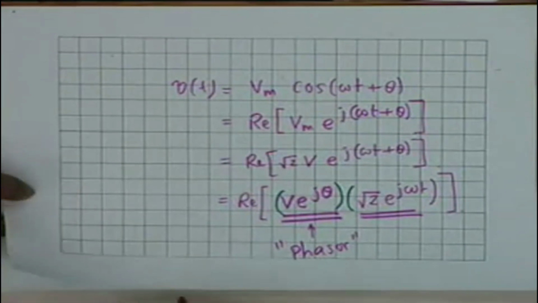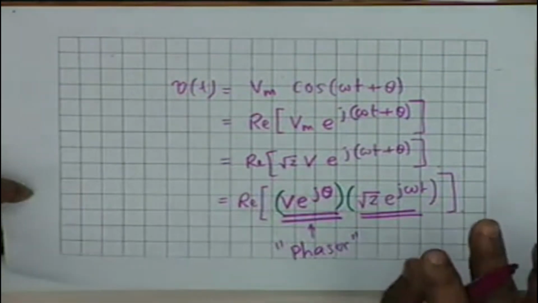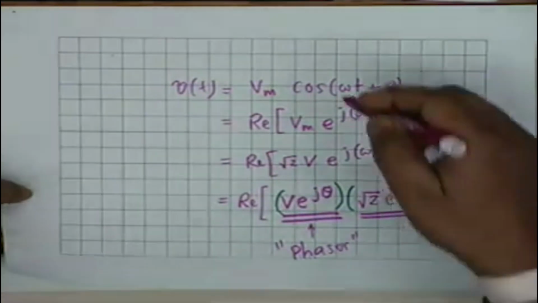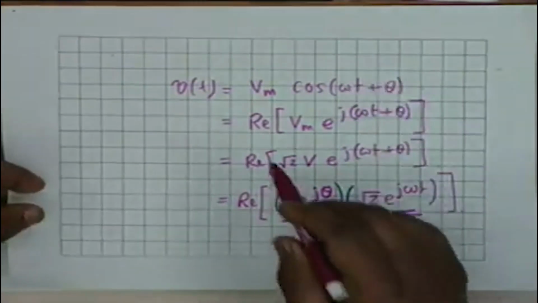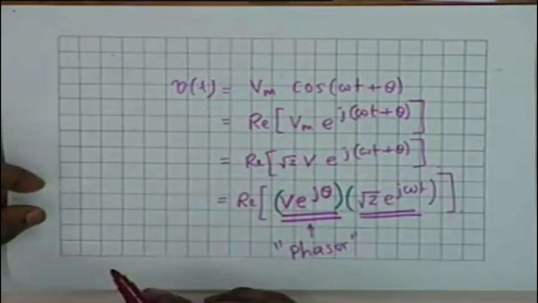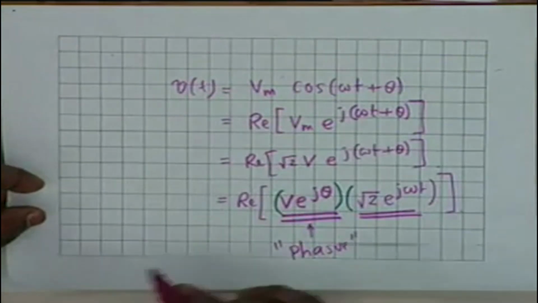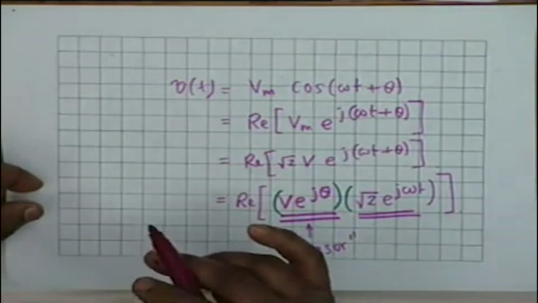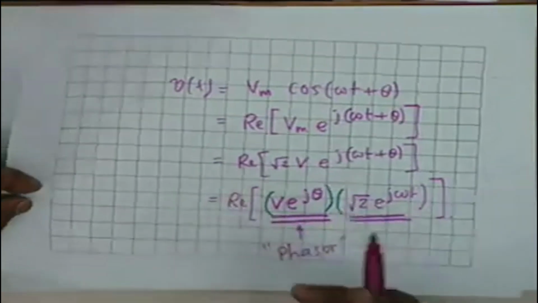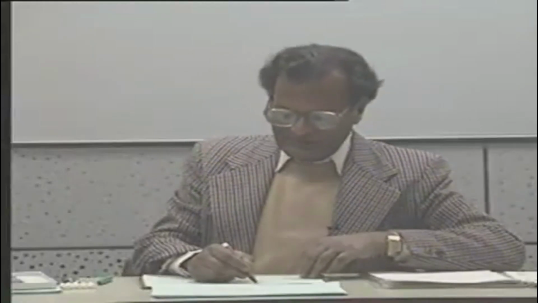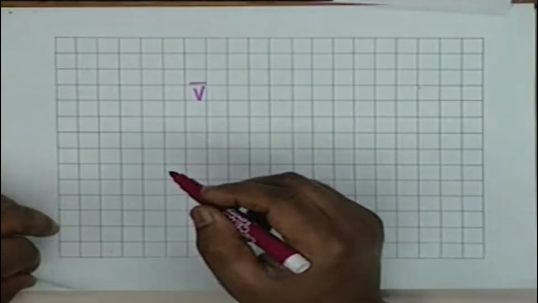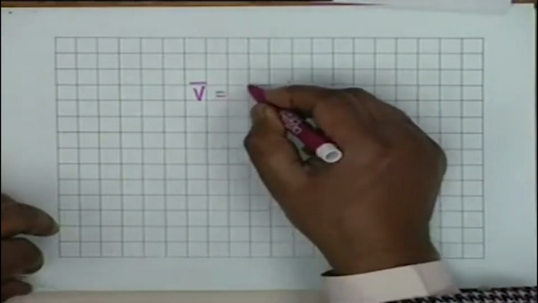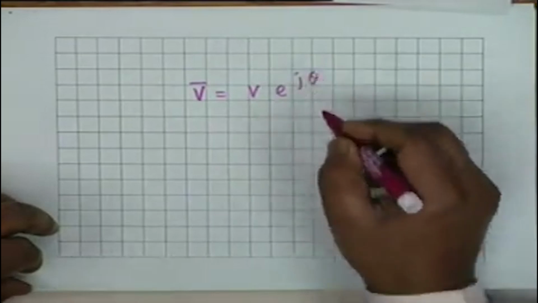Therefore, if we are considering only sinusoids of frequency omega, the representation of v(t), Vm cosine(omega t plus theta), although it is a real quantity, is represented by a complex number which we call V bar, the voltage phasor, equal to V e to the power j theta.